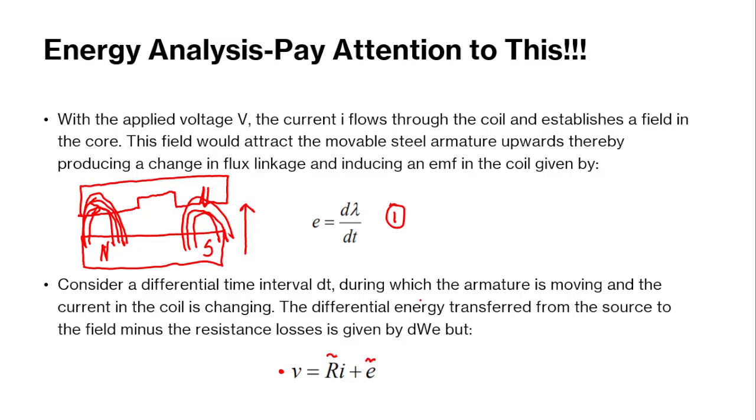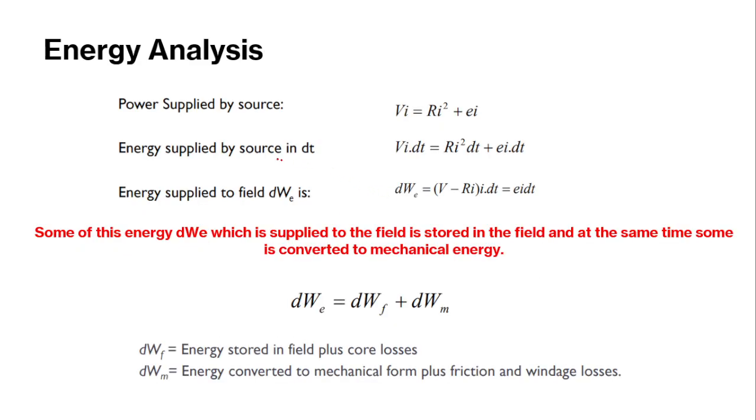The differential energy transferred from the source to the field minus the resistance losses will basically give you this. So the power supplied by the source, remember power P is VI, right?